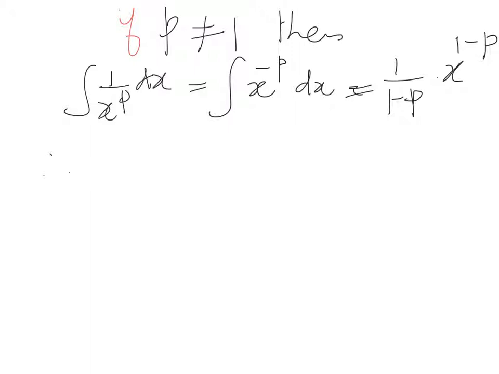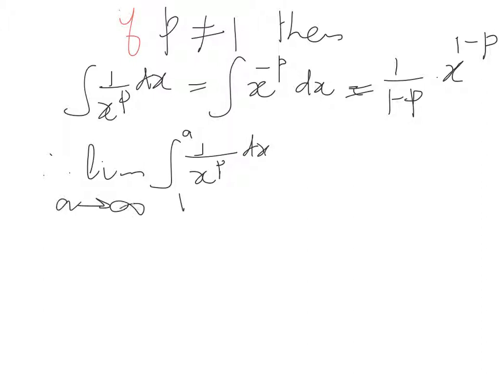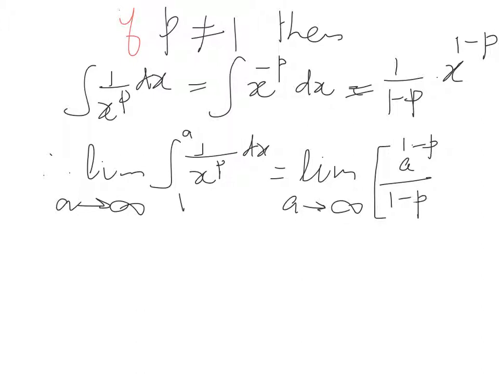Therefore, the limit of the integral 1 to a of 1 over x to the p dx as a approaches infinity is equal to the limit as a approaches infinity of a to the 1 minus p over 1 minus p minus 1 over 1 minus p.